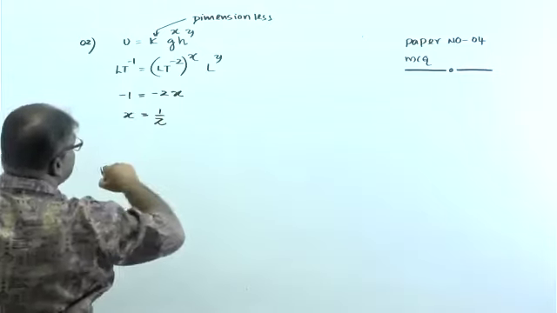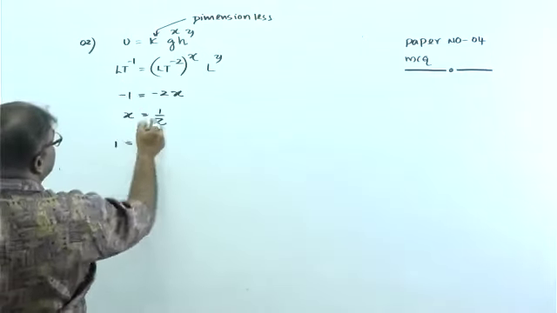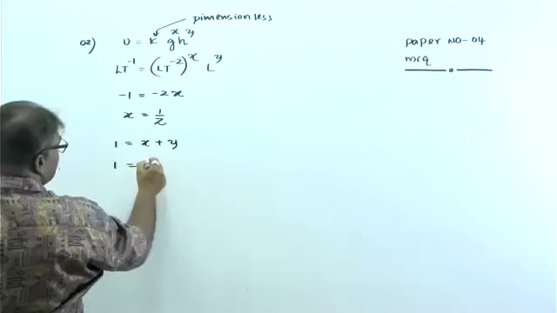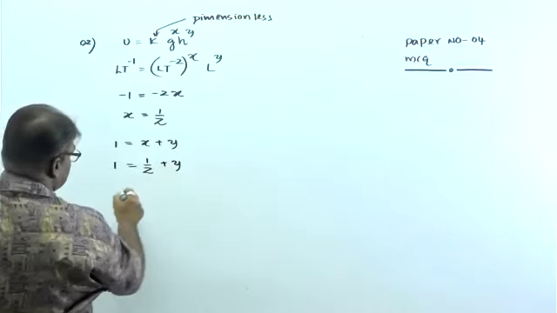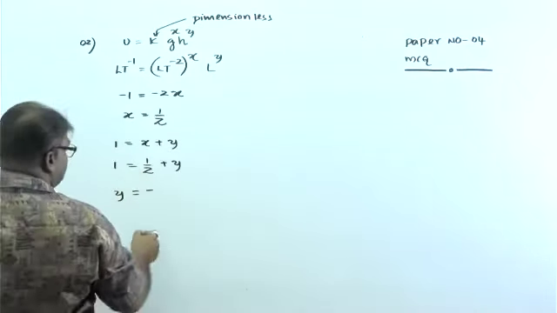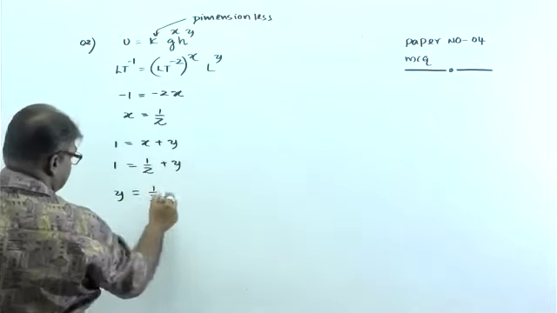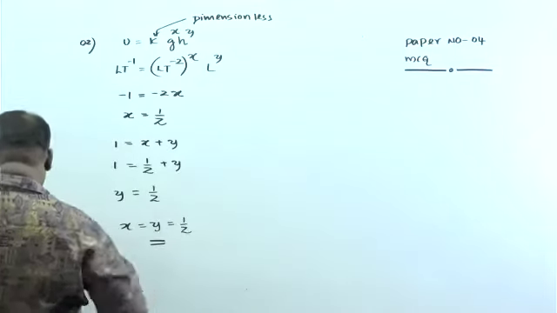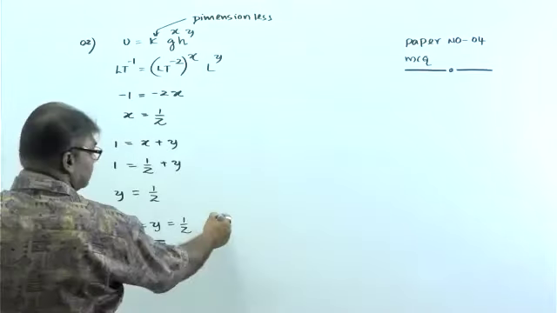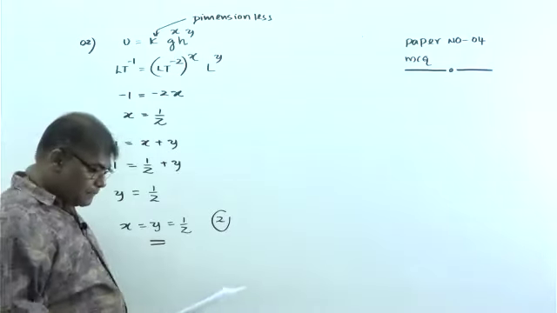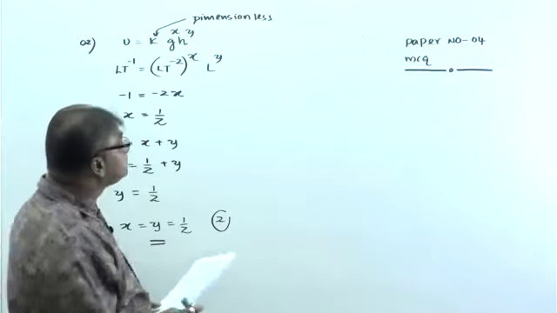And we can consider the L base: here we have 1 equals X plus Y. Then X is half, so Y becomes 1 minus half, which is half. Then X equals Y equals half, right? Then the correct answer is the second one. Okay, right, done.